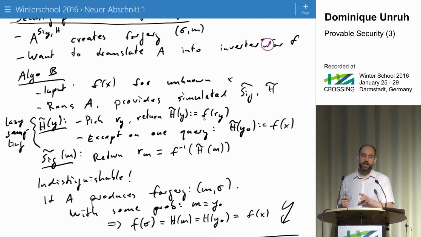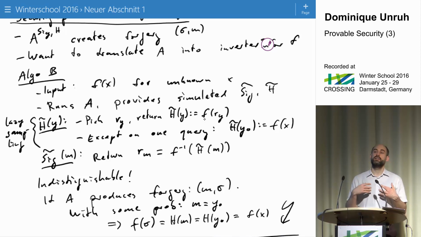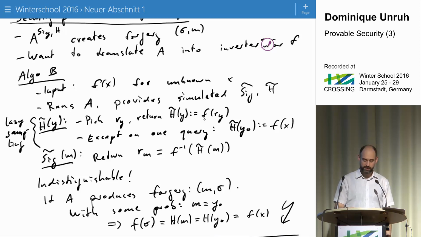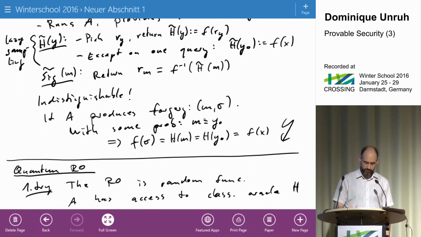So we can still change our mind and change values later, all because we choose the values in a step-by-step fashion, so we can even choose them adaptively based on what the adversary does.